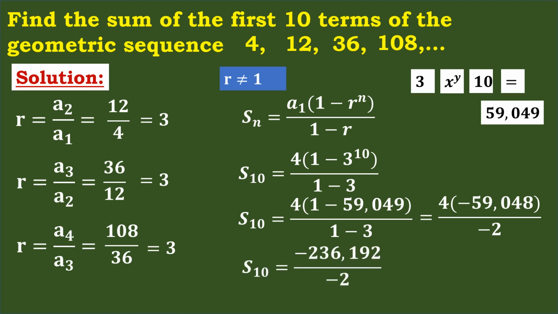Pag minultiply natin, we will get negative 236,192 divided by negative 2. So, negative divided by negative is positive. 236,192 divided by 2. Therefore, the sum of the first 10 terms of the given geometric sequence is 118,096.